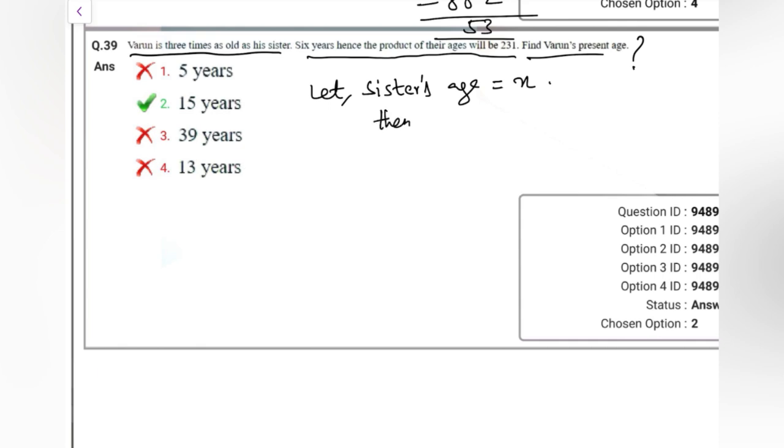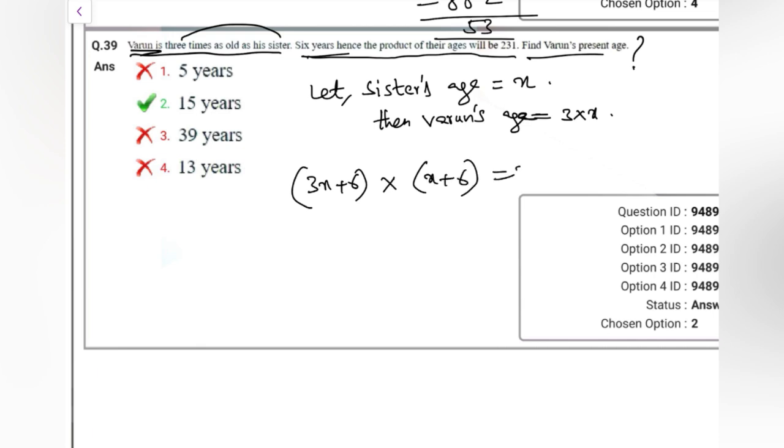Then Varun's age is equal to 3 into x, because Varun is 3 times as old as his sister. Now, according to the question, 6 years hence means 3x plus 6 into x plus 6 is equal to 231.